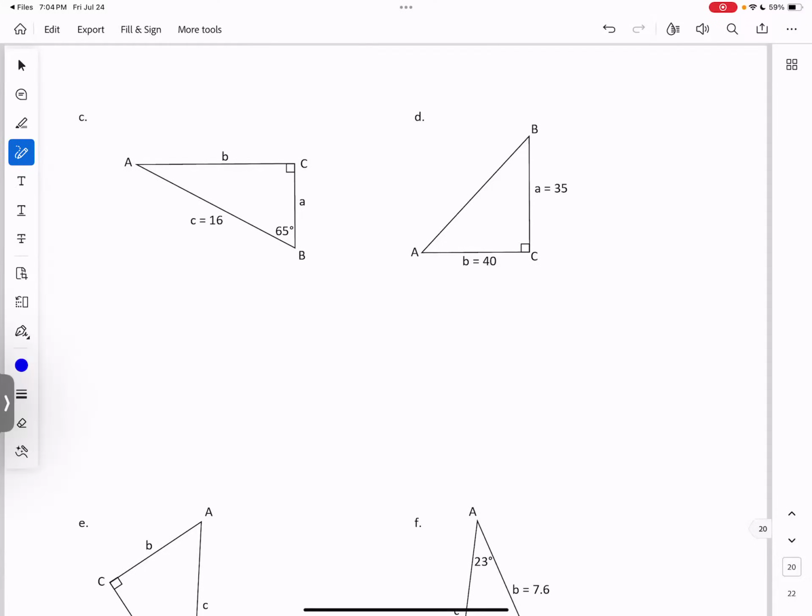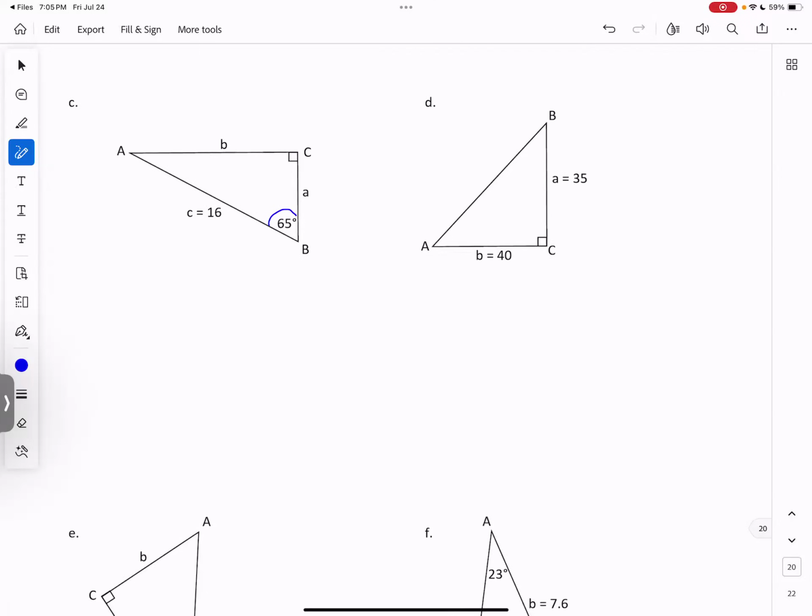All right, let's look at question C. Here we've been given angle B is 65 degrees. So I'm going to solve for angle A because I know angle A plus angle B has to equal 90.